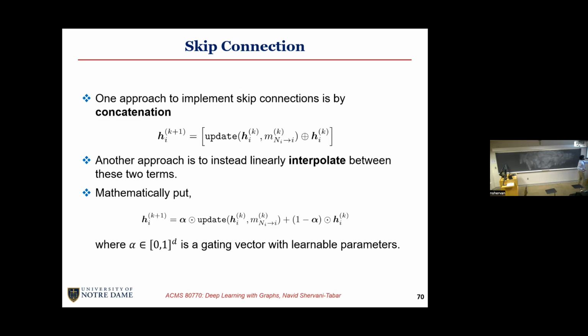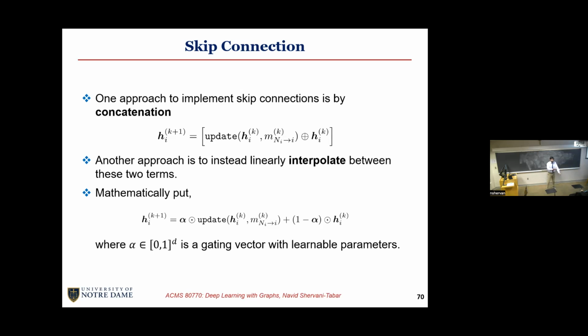And if alpha is all ones, we're only going to get the output of the update as our updated node embedding. And if we have alpha equal to all zeros, we will just ignore the output of our update operator, and we will stick to the previous embedding of node vi as our updated embedding.